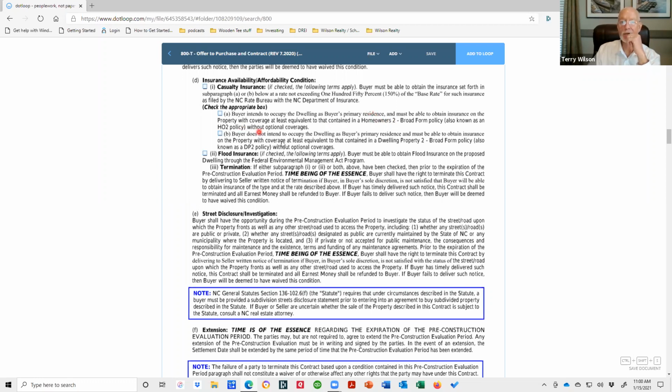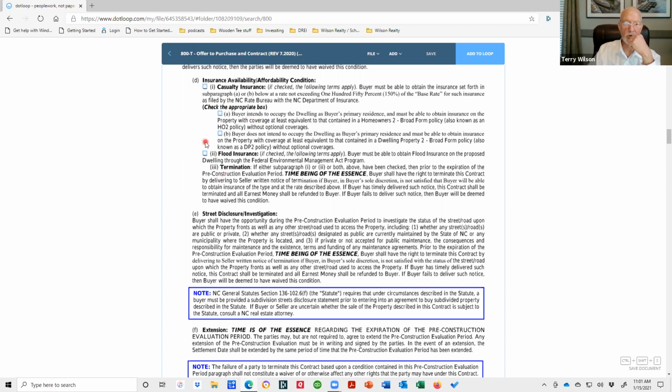Or the buyer does not intend to occupy the dwelling as the buyer's primary residence, must be able to obtain insurance on the property with coverage of at least equal to dwelling property 2, broad form policy, also known as a DP2 policy, without optional coverages. And again, they'd want to make sure they get all this lined up during the pre-construction inspection period.